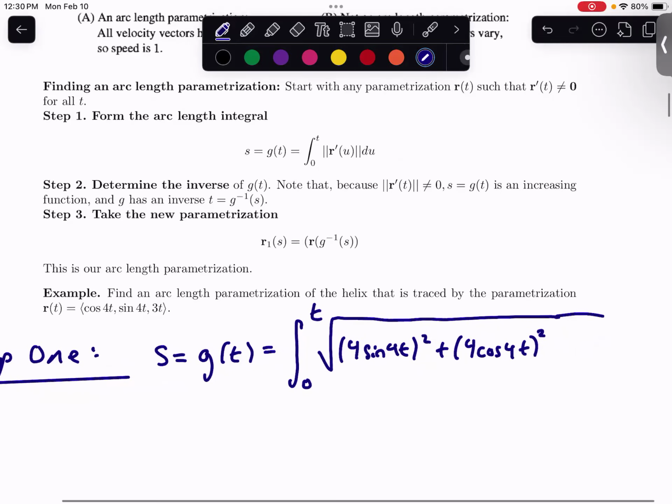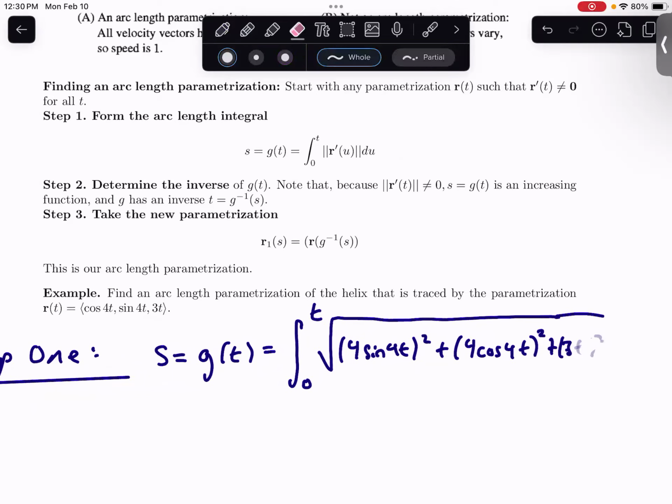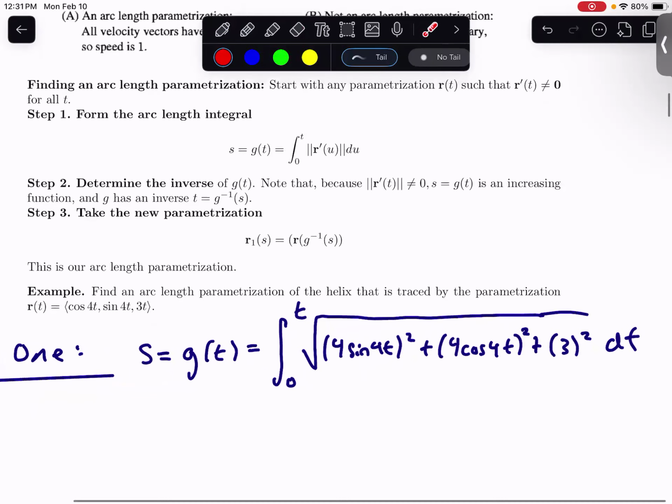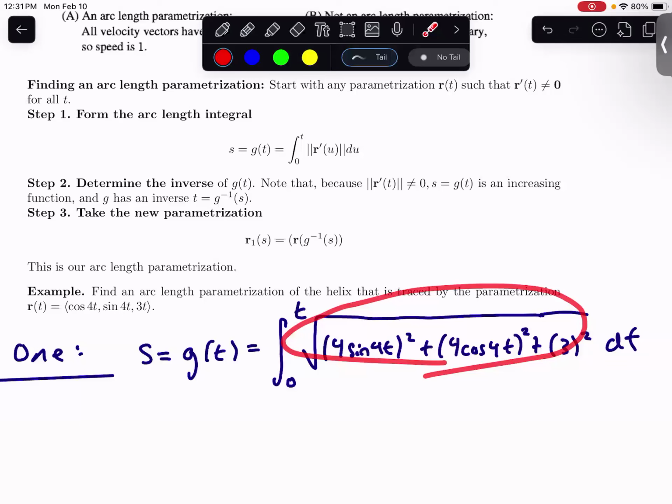And then this is going to be plus 3t squared. Not 3t squared, just 3 squared, dt. Right, so all I did was skip a couple of steps, but I just took the derivative of this vector valued function, and then I just found the magnitude.